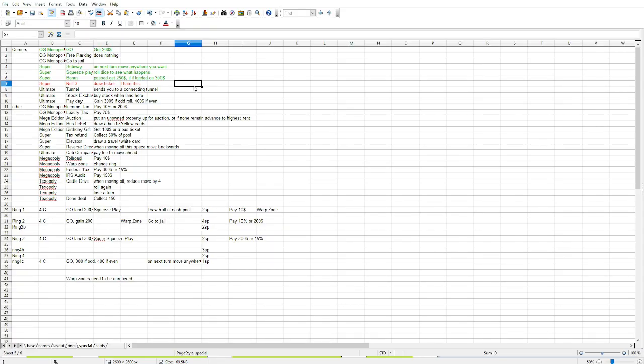Now, free parking and go to jail. Technically, I'm not going to mark those in green yet because I haven't decided what I want. Okay, tunnels. Tunnels are basically being folded into the concept of warp zones. I haven't finished those yet, so I'm going to leave that in black. Stock exchange. I want more than one.